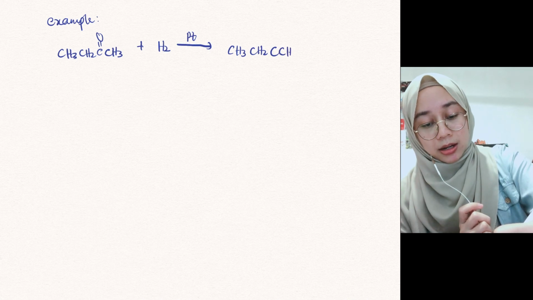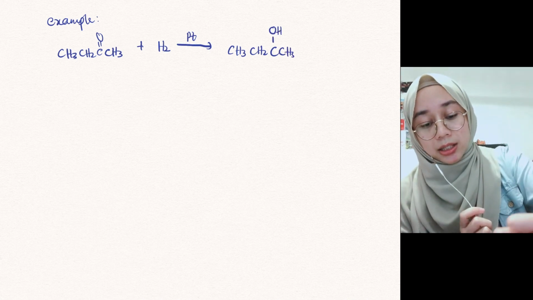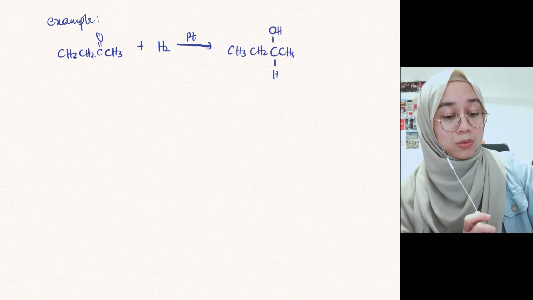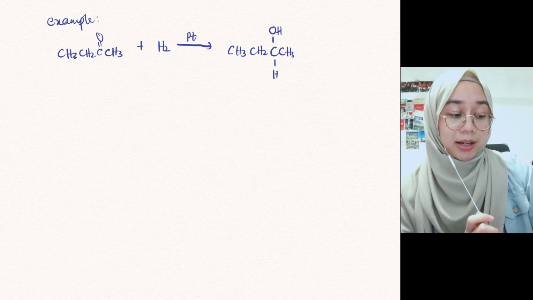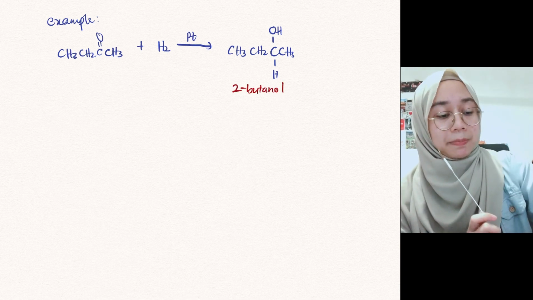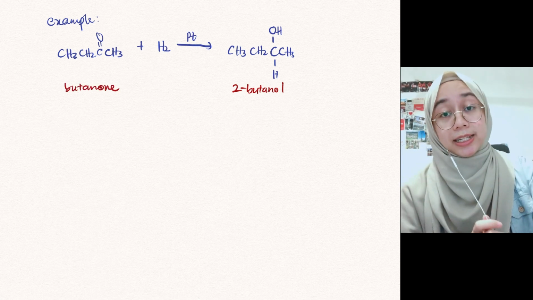Okay, so now sini tinggal single bond saja, and then kita just letak H, sini kita letak H, so you get the 2-butanol. Okay, whereby 2-butanol ni secondary alcohol lah, betul lah, sebab kita dapat hasil dia daripada butanon, daripada keton, so dia akan hasilkan secondary alcohol.